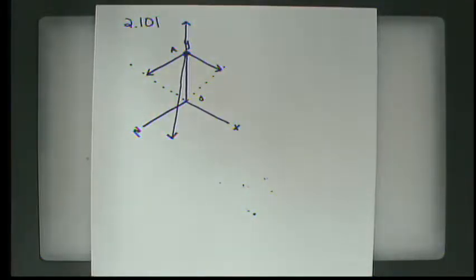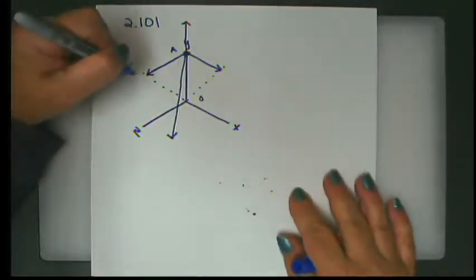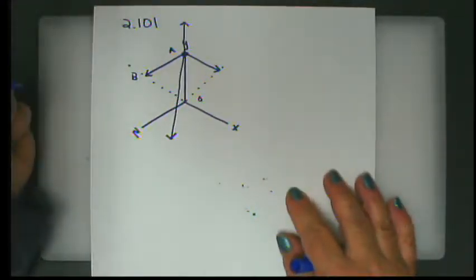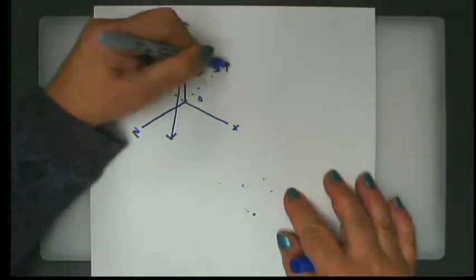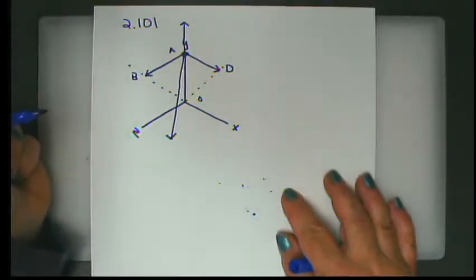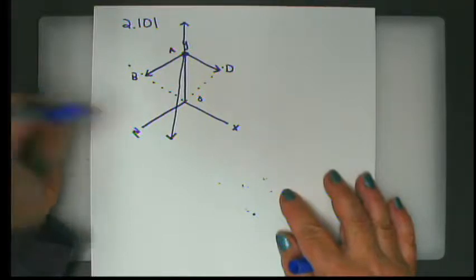Since this is point A, we call the point where this is anchored to the ground B, this one D, and this one C. B, C, D. Okay, so I got all my letters there. I just want to make sure we were consecutive, not that it really matters.